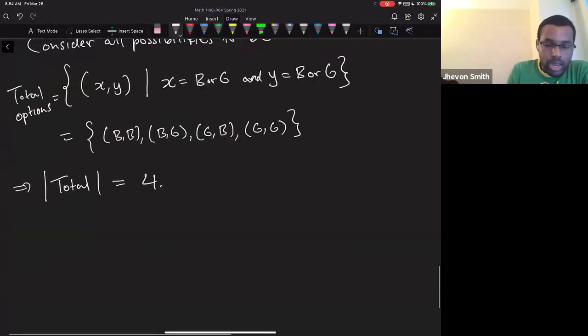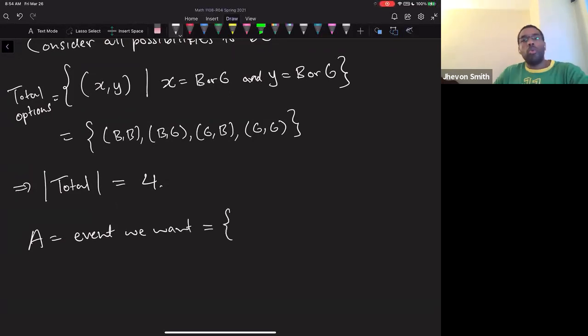And A is the event we want, which is 2 girls. Now an event, we normally think of as an occurrence or something that happens, but in probability, an event is just another set. An event is going to be a subset, to use the language that we've been developing, of the set of total options.